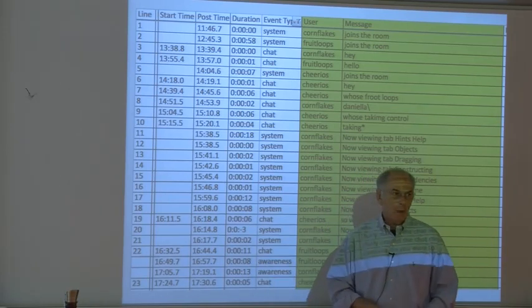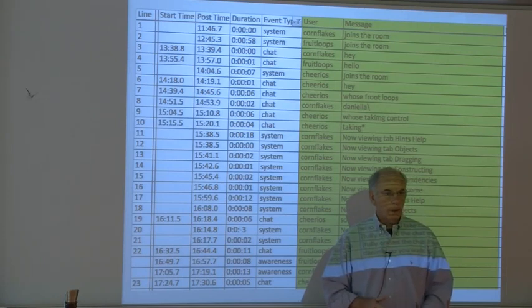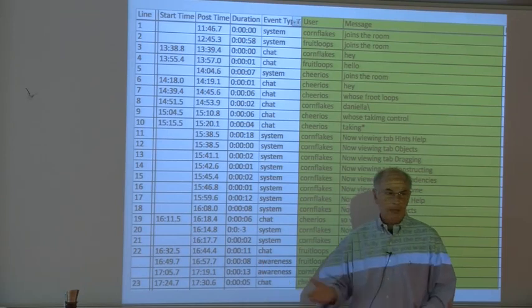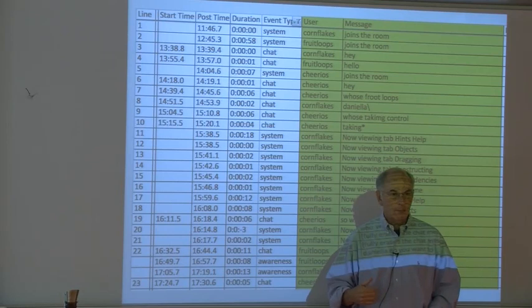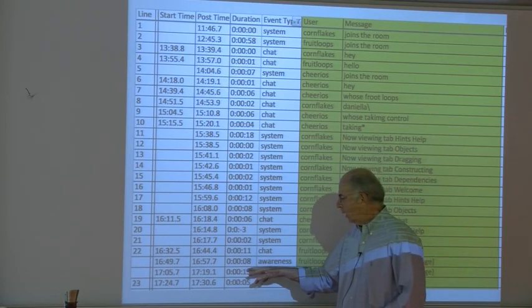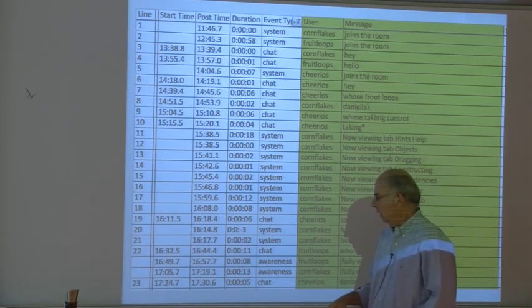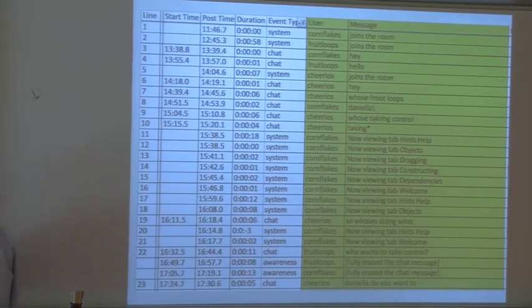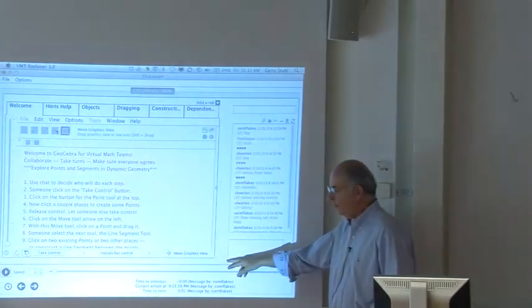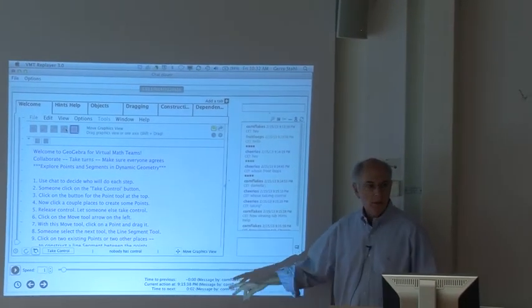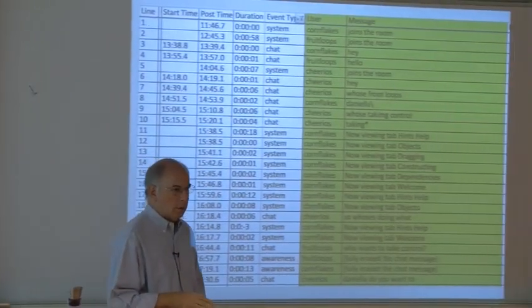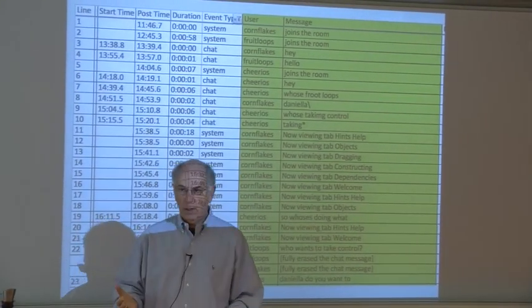But then instead of posting it for others to see, she erased it. So we can interpret that in some way, that she was starting to say something but then stopped. And so nobody saw what she was typing, but they did see down here a notice, Fruit Loops is typing. So they knew she was preparing something to say and that she didn't. And so that may play into the interaction.